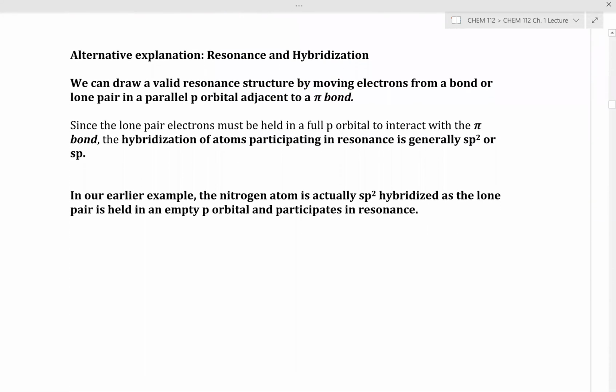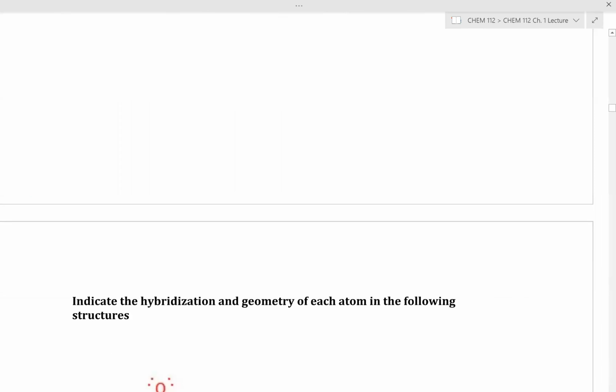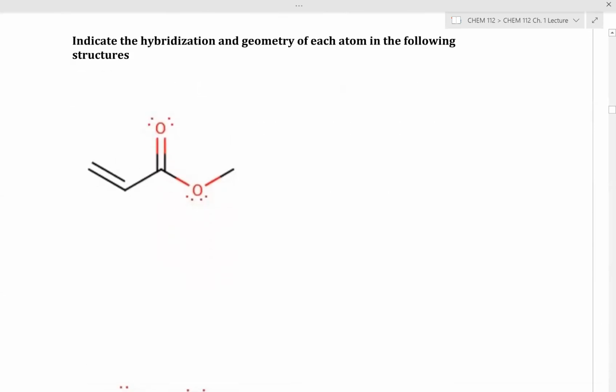As we've already discussed previously, in general, the hybridization of atoms participating in resonance is going to be sp2 or sp, because they must have a p orbital to interact with our pi bond or pi system. So, what I want us to do now is to take a look at some structures and indicate the hybridization and geometry of each atom in the structure.